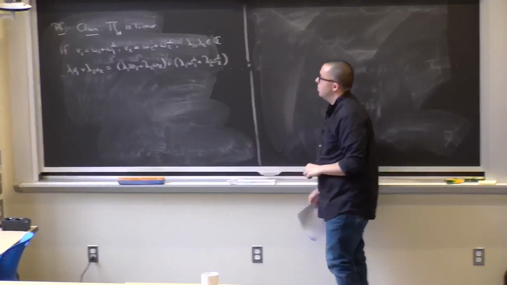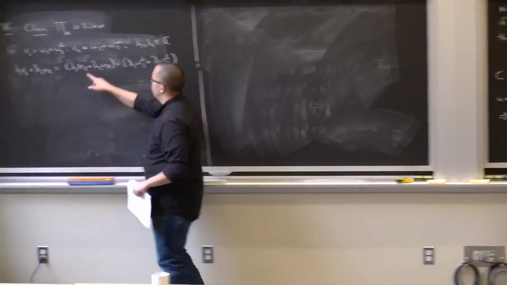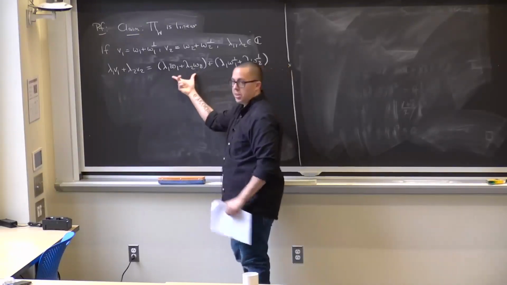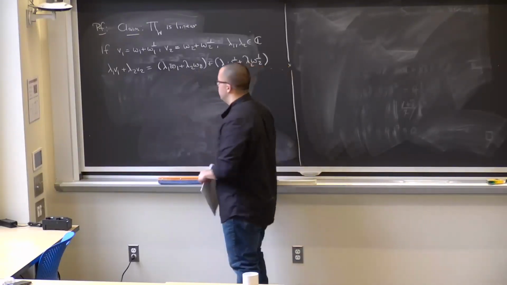Okay? Now, since W1 and W2 are in W, this linear combination of them is also in W.